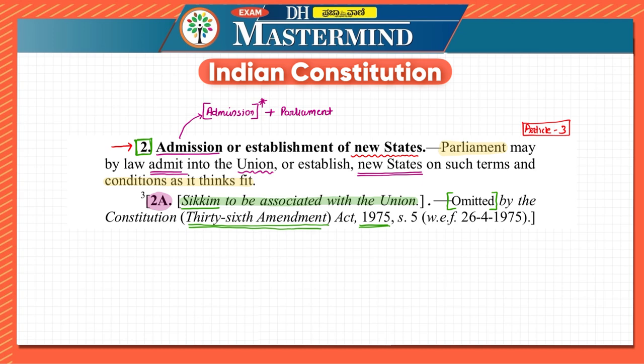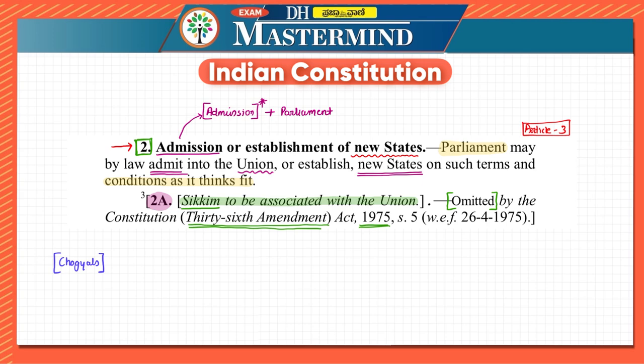Now before we proceed, let us understand this in a little more detail. Let us start with the timeline. Sikkim was ruled by whom? It was ruled by Chogyals. So if they ask you anything related to Chogyals, you have to remember that it is with respect to Sikkim.